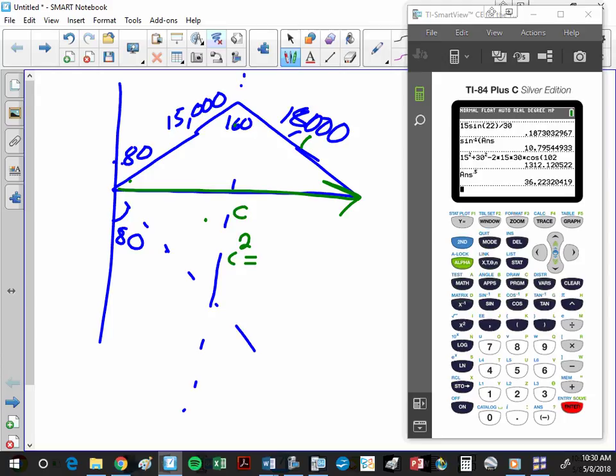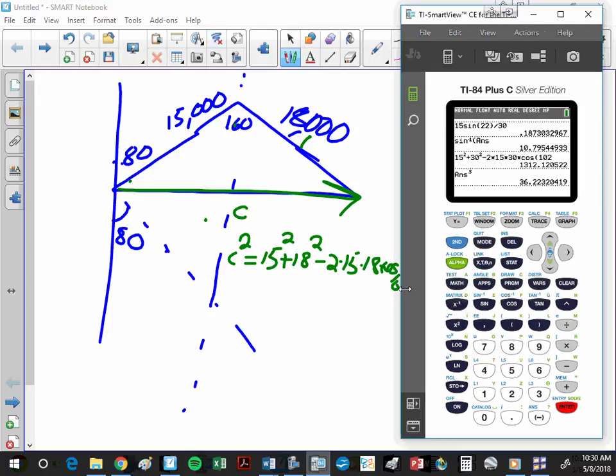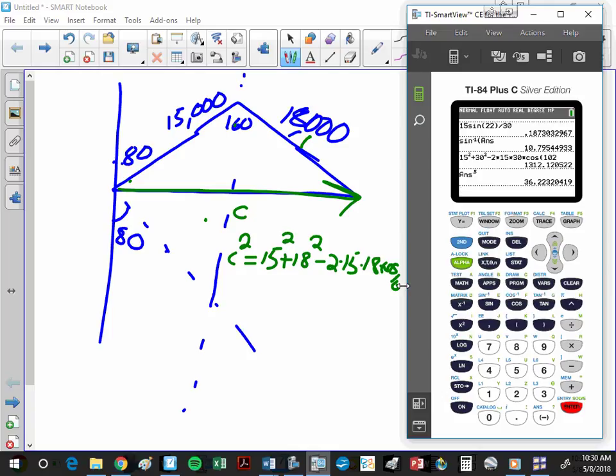C squared equals 15 squared plus 18 squared minus 2 times 15 times 18 times the cosine of 160. And then what will I do with my answer? Add 3 zeros, right. So 15 squared plus 18 squared minus 15 times 18 times 2 times the cosine of 160.